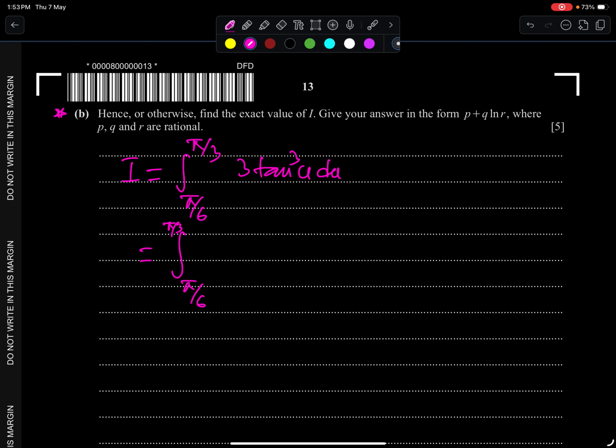So bring 3 outside the integral. Tan cube, you can write this as tan u tan square u. Now apply the identity here: 1 plus tan square is sec square, so tan square is sec square minus 1.